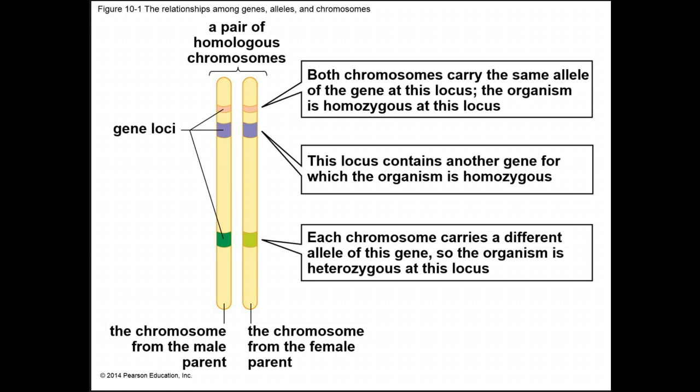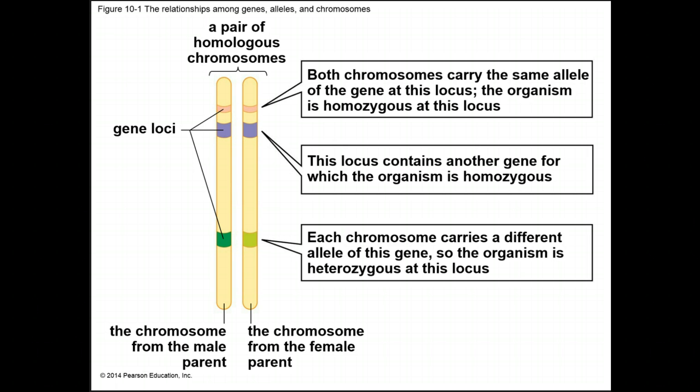If both chromosomes of the homologous pair carry the same allele, or the same form of the gene, at a certain location, we say that individual is homozygous. If the homologous chromosomes carry different alleles at a given location, the organism is what we call heterozygous at that location, also known as a hybrid.